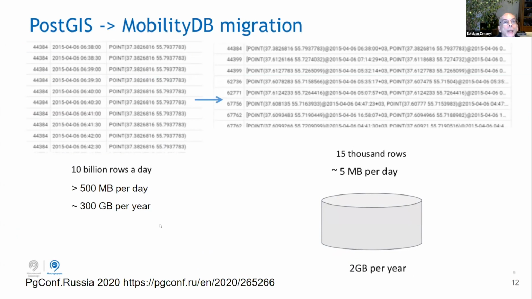They obtained a similar kind of lossless compression: here we have 30 gigabytes per year in the tabular format, whereas in MobilityDB we have 2 gigabytes per year, which is much more efficient to process.